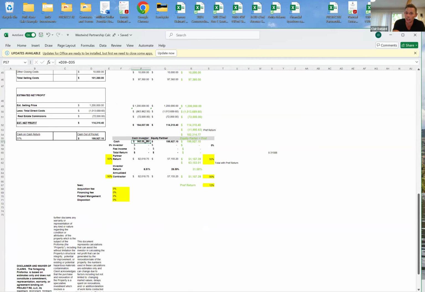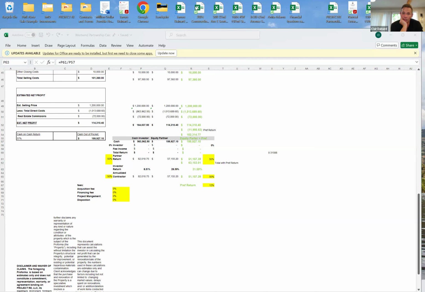After we run the project, after all costs, taxes, insurance, and selling costs, we should be netting around $80,000 to $85,000 in profit in a 6-month basis, which is about a 16 to 17% return on your investment. Because I always look at annualized, how fast are you going in and out? 16% is a good return.